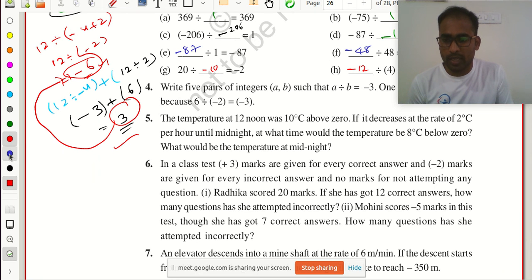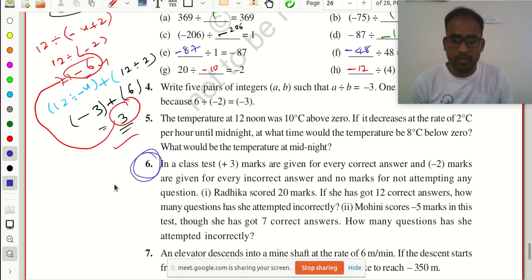Like the pencil problem is there, same in this way only. This sixth problem, we do this one. Now we will discuss this fifth problem.